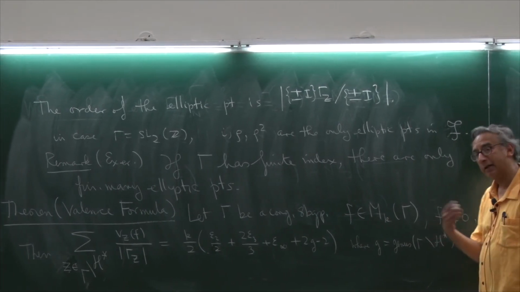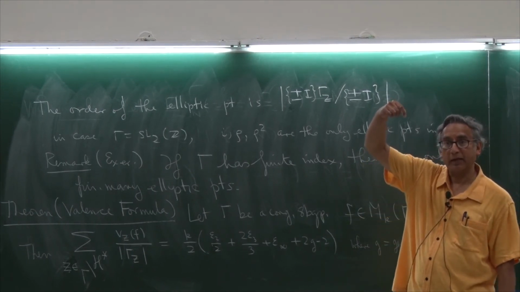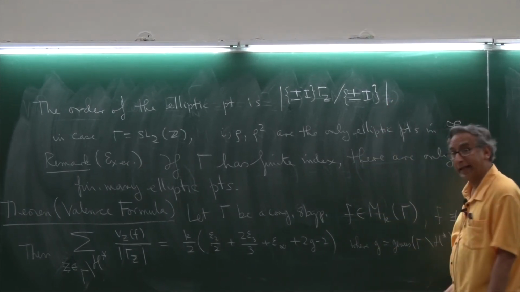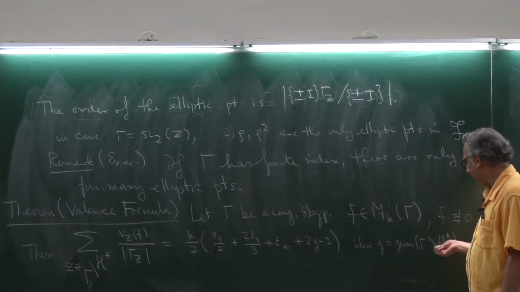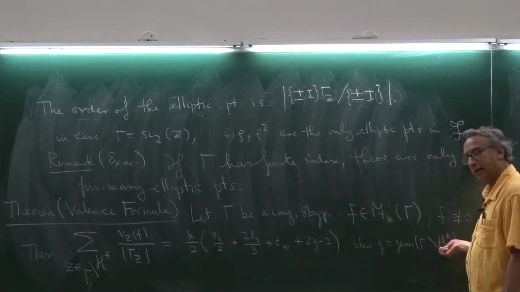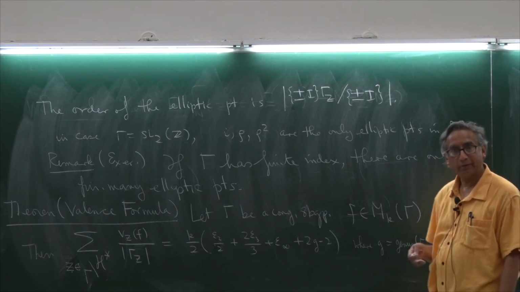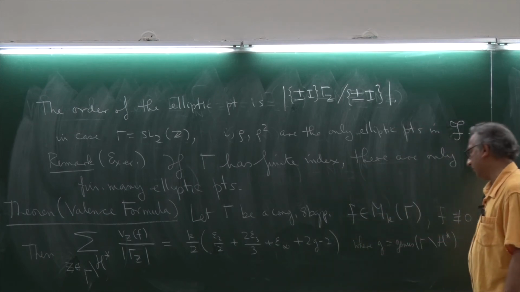So in the case of SL2Z, we just had a sphere because we just added that point at infinity. The genus was 0 in that case. So in general, it may not be 0, it'll be higher, and so that's what we mean by the genus of a Riemann surface. Every compact Riemann surface is homeomorphic to a sphere with g handles, and that g is a well-defined number.